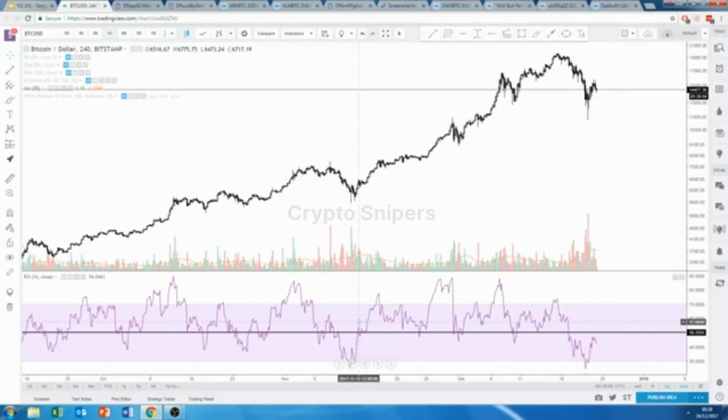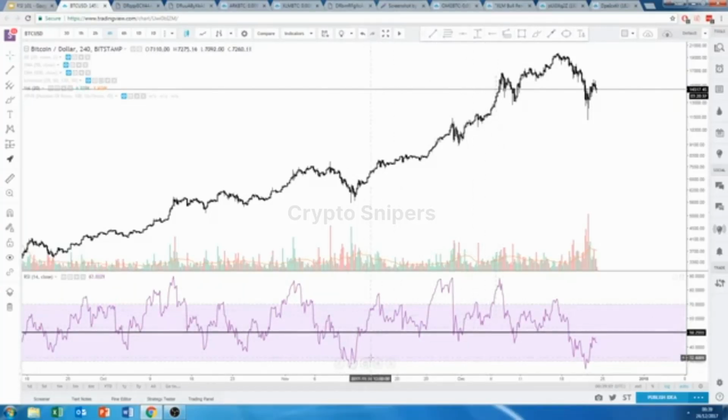The way I identify whether there is a bullish bias, or whether the bulls are in control of the trend, is by eyeballing the amount of time that the RSI action takes place above the 50 level.